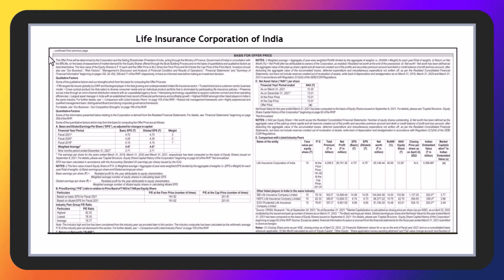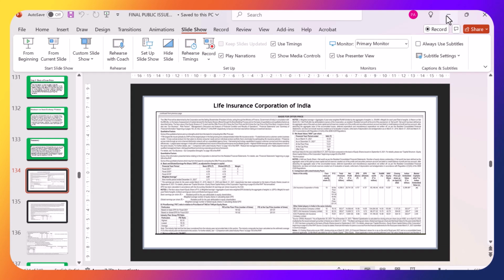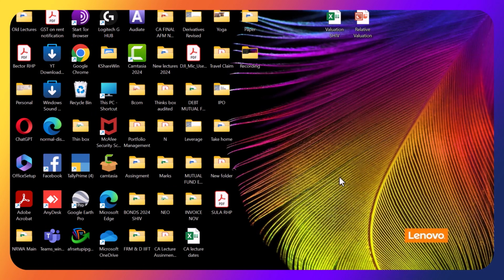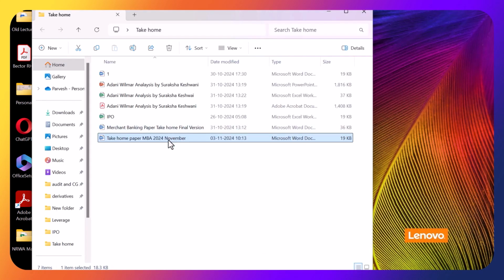Okay, now I'm just going to share the take-home paper with you. We'll go to it and understand what the take-home paper is, and then we will have a break, and then a maximum of another 45 minutes thereafter. So I'm just sharing the paper.